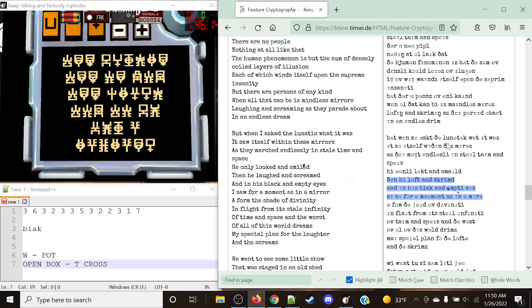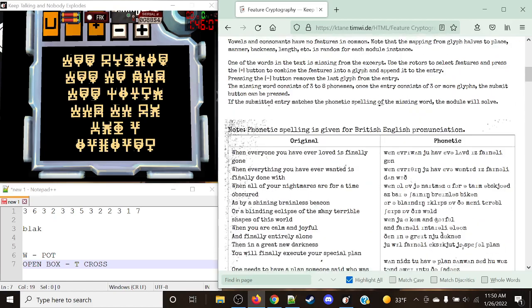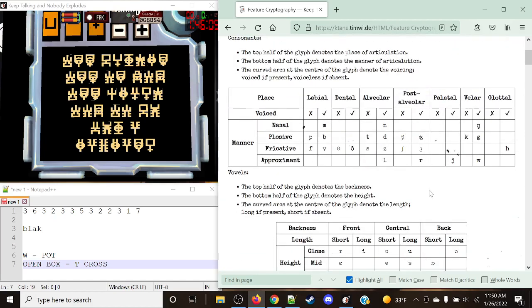Now, of course, it would be nice for us to figure out all of our characters. But here's where I use the top table to our advantage. So let's find Lima on this table, and let's see if we can figure out any of the other characters which could be corresponding to each of these places and each of these manners. Immediately, right off the bat, it is a voiced character.